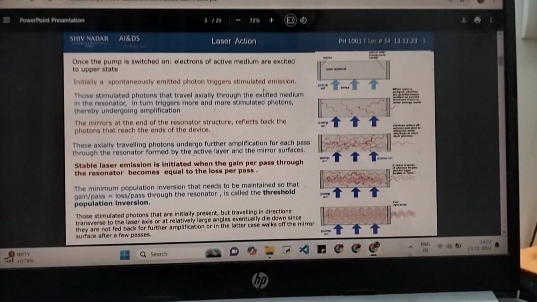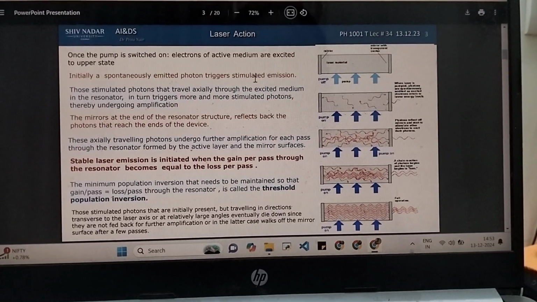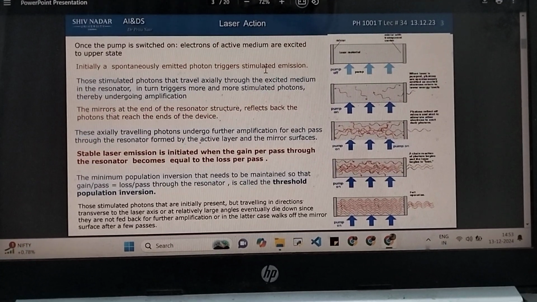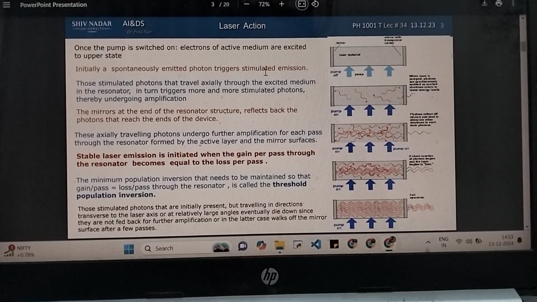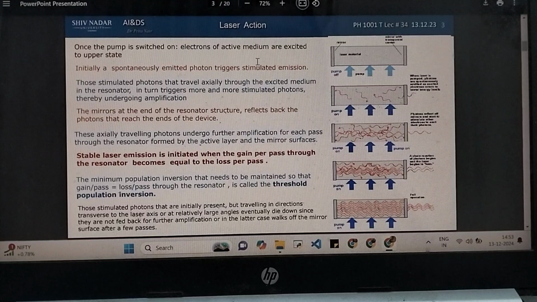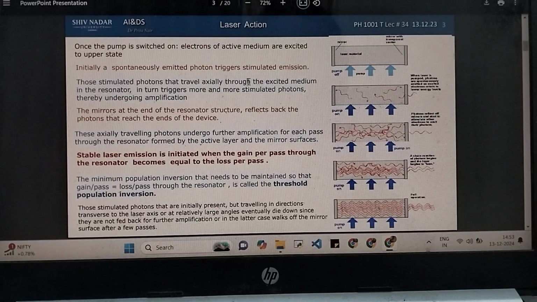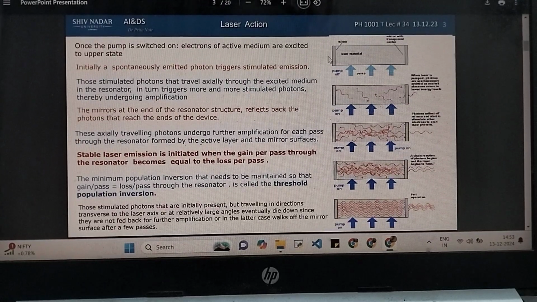photons, of course. And these photons trigger stimulated emission, because as we already saw yesterday, all that you need to trigger stimulated emission is some sort of incident energy, some sort of photon, right? So the photons which are given out because of spontaneous emission, they themselves trigger stimulated emission. How?